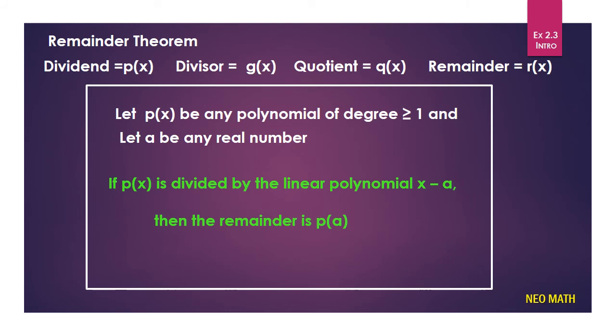P of x is equal to g of x into q of x plus r of x. This is the relationship between dividend, divisor, quotient and remainder, where r of x is equal to 0 or degree of r of x is less than degree of g of x.